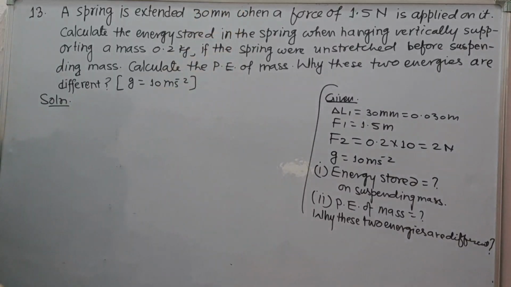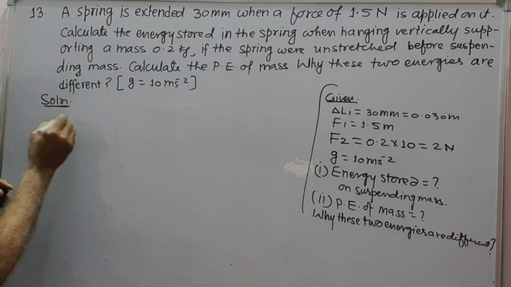Millimeter. When a force of 1.5 Newton is applied on it, calculate the energy stored in the spring when hanging vertically supporting a mass of 0.2 kg. If the spring were unstretched before suspending mass, calculate the potential energy of mass, and why these two energies are different.